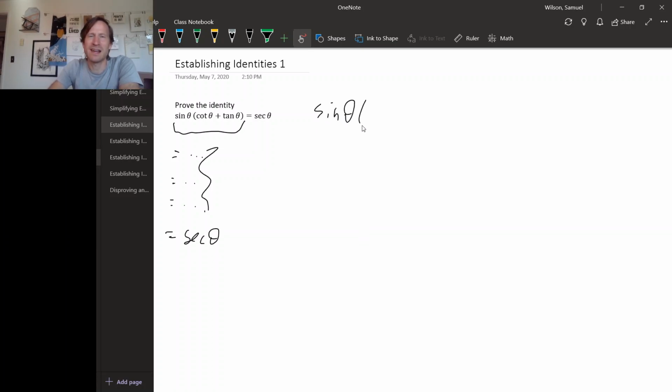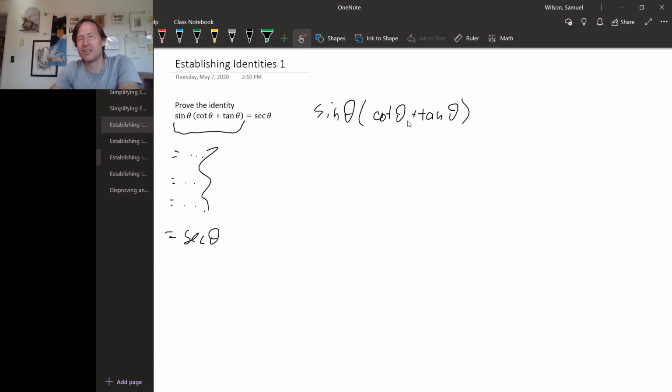So we have sine theta times cotangent theta plus tangent theta. One of the tricky things about identities is it's not always obvious what your next step should be, or even what side you should start with. So here I've started with the left-hand side instead of the right-hand side.